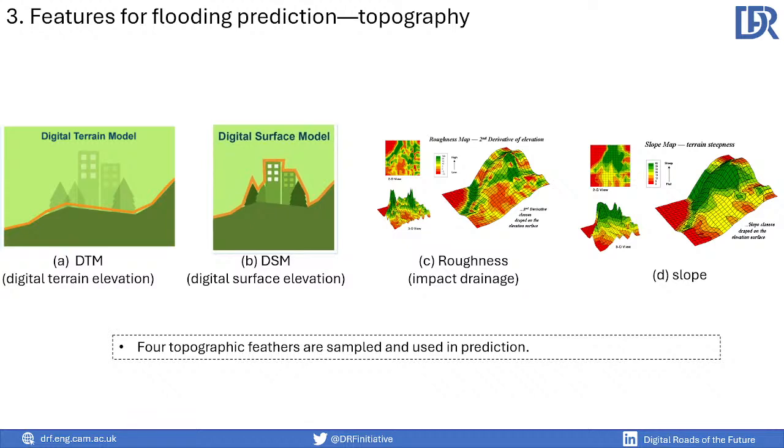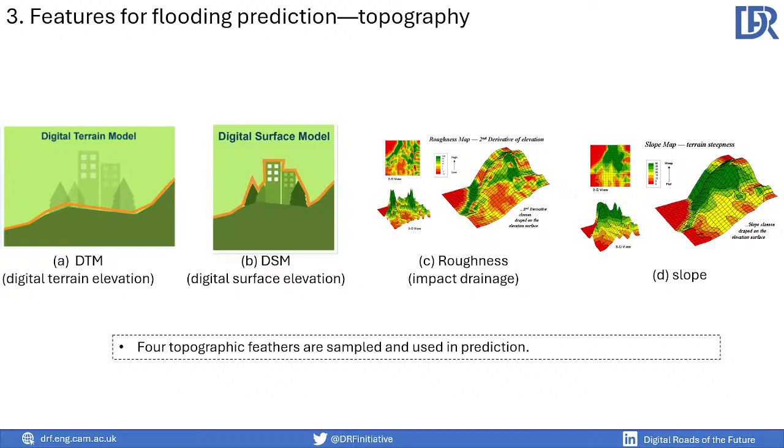And the topographic features can also affect the flood severity. So we're basing this on two data sets. One is the digital terrain elevation, and the other one is the digital surface elevation. We use those two data sets to compute some topographic features like roughness and slope.